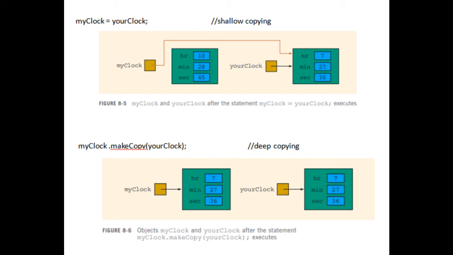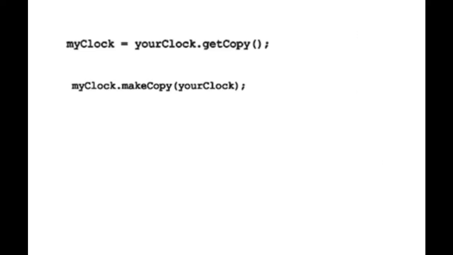Consider the following statement. myClock = yourClock.getCopy(); In this statement, the expression yourClock.getCopy() makes a copy of the object yourClock and returns the address, that is the reference, of the copy. The assignment statement stores this address into myClock.